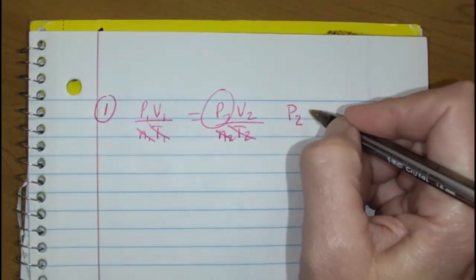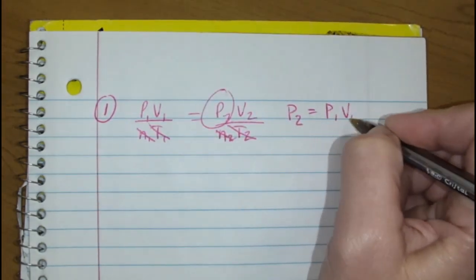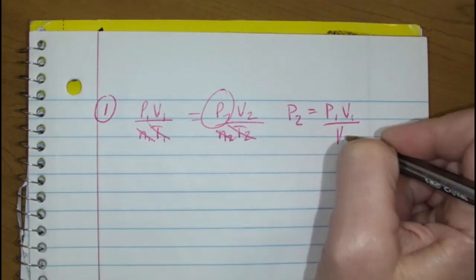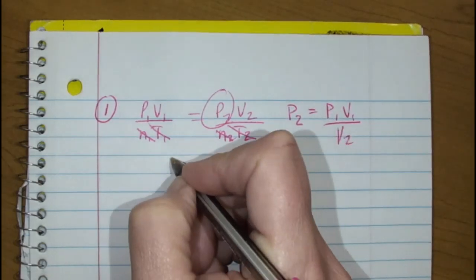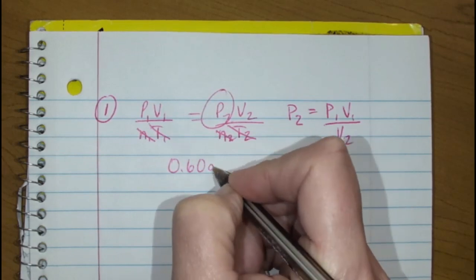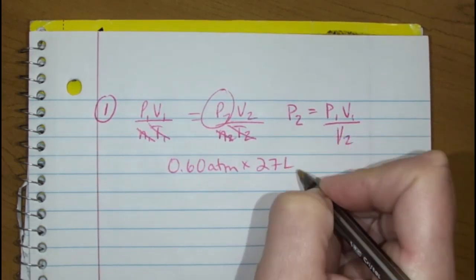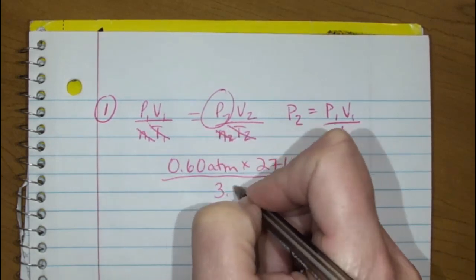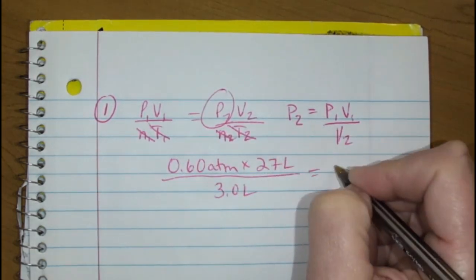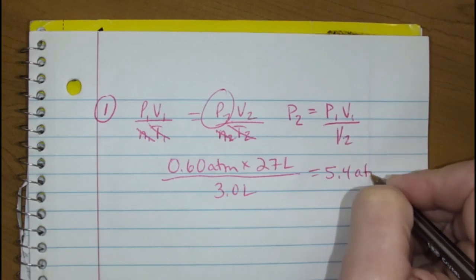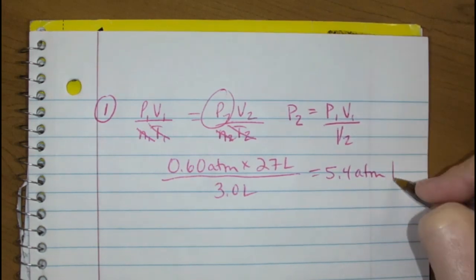So P2 equals P1 V1 divided by V2, which is 0.60 atmospheres times 27 liters divided by 3.0 liters, and we get 5.4 atmospheres, which is answer B.